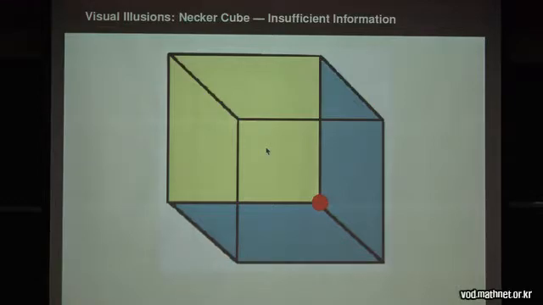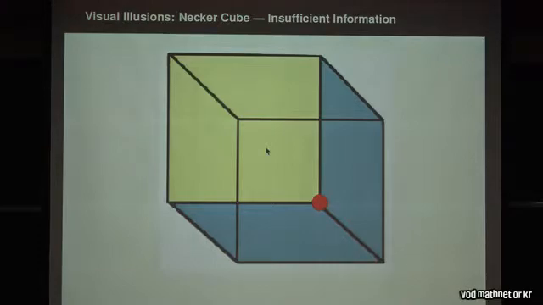Okay, stare at it and tell me where this yellow face is. Backside? Front? No, back.